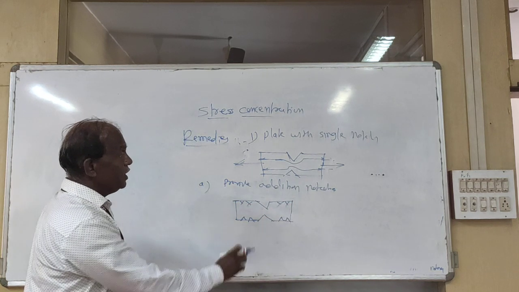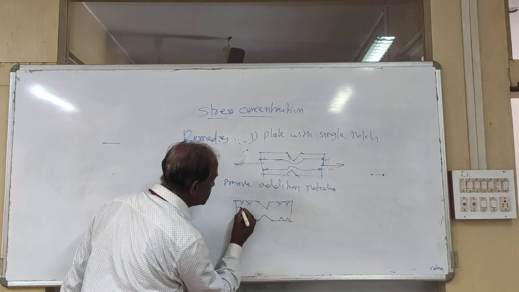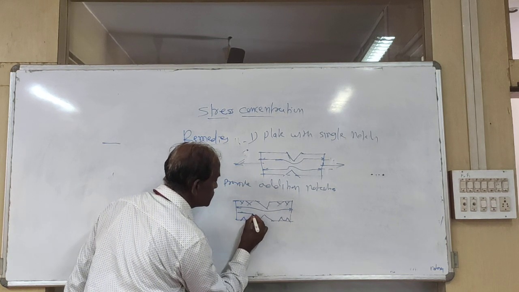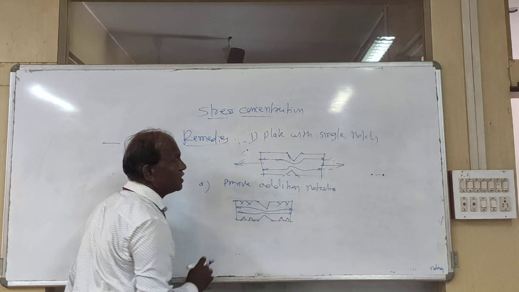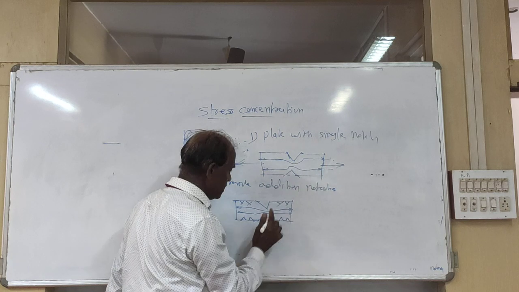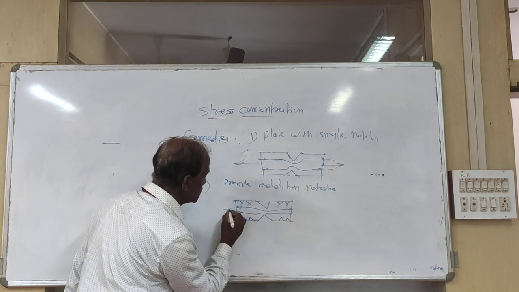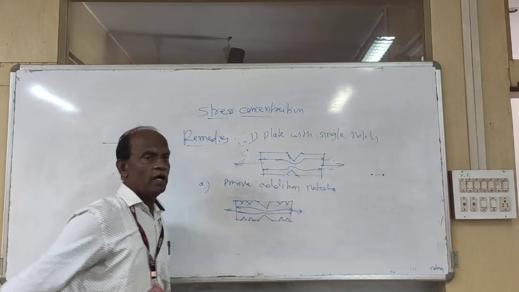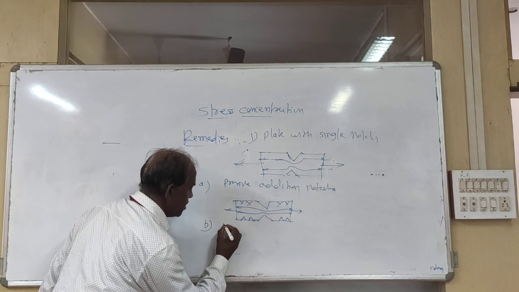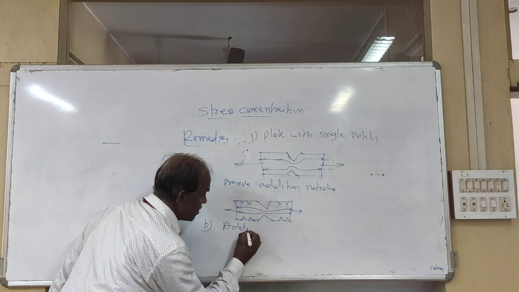By doing so, these stress lines are shifted more toward the center line, so severity of stress concentration will be further reduced. This is a cluster gathered together around this layer, but this is slightly shifted. So you provide additional notches, or sometimes additional holes.